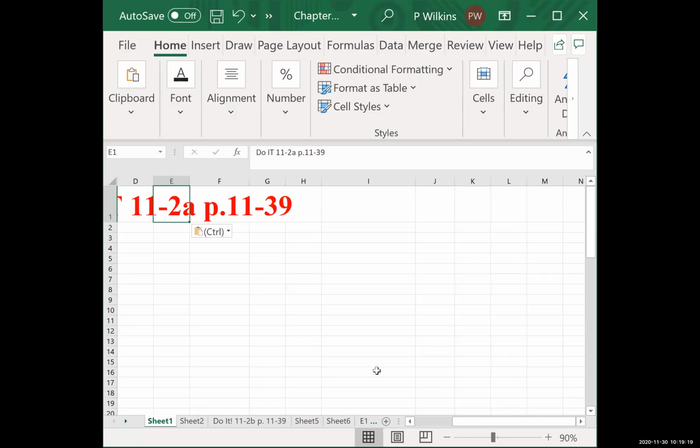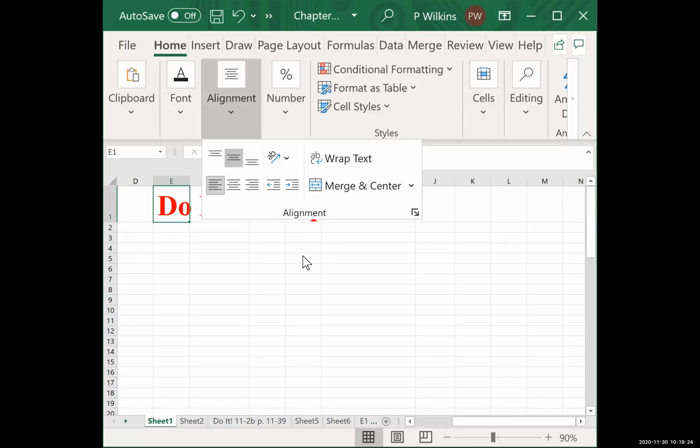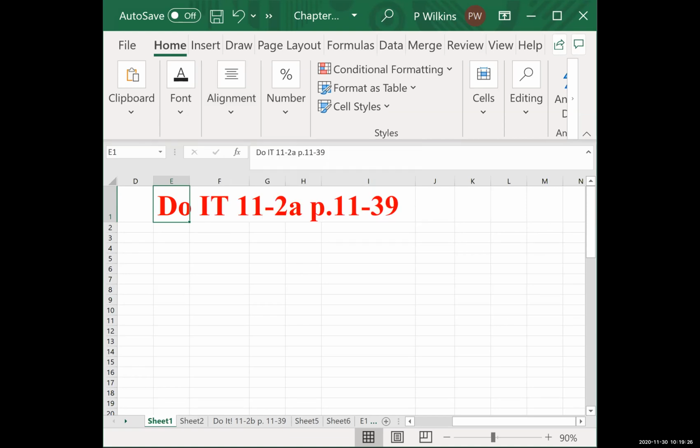All right, let me share this with you. 11-2A is the problem. Okay, let me share this Excel sheet with you. Okay, so we are going to do 11-2A, and it's on page 1139.